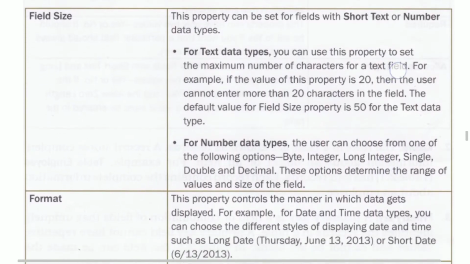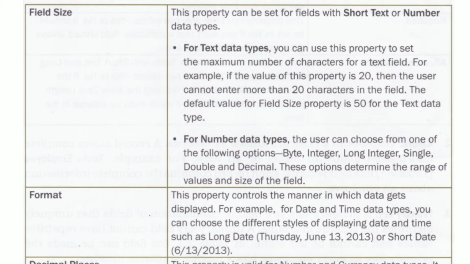Understand all these properties that can be set to every field one by one. First one is field size. As you can also see on the screen, the field size property determines the maximum size of data stored in the field set to the short text or number data type.